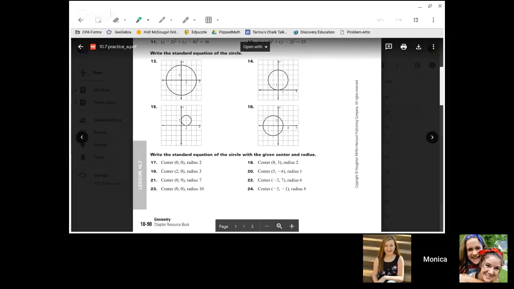Okay, so what we're supposed to do here is to write the equation of the circle. So we just have a picture to look at. In order to write the equation, we need to know the center and the radius, right? Oops, sorry, my timer. You need to know the center and the radius. So if we look at the diagram, can you tell where the center of the circle is? It should be right here.